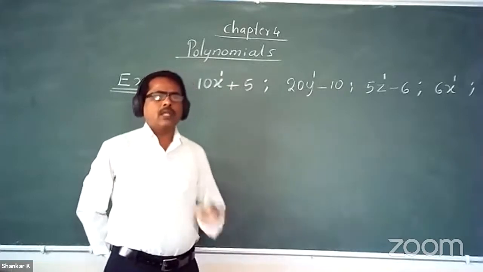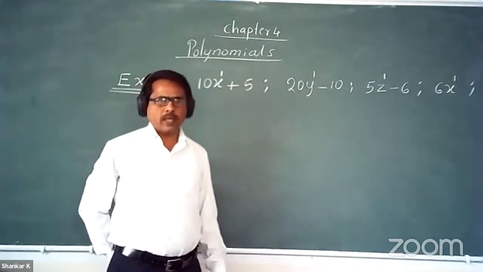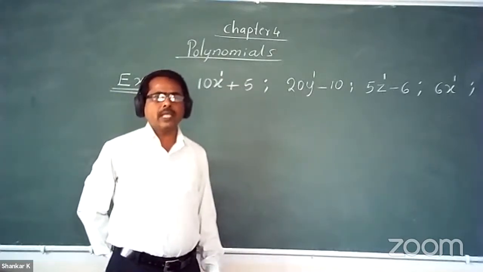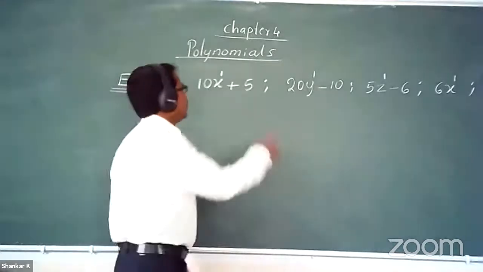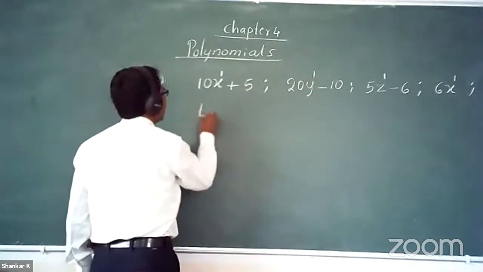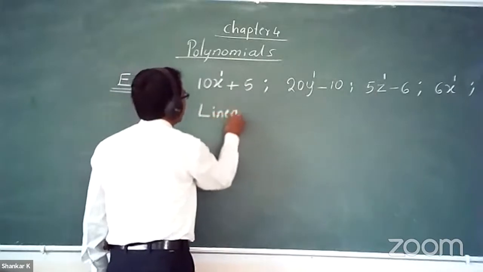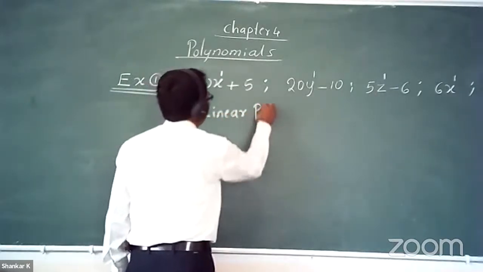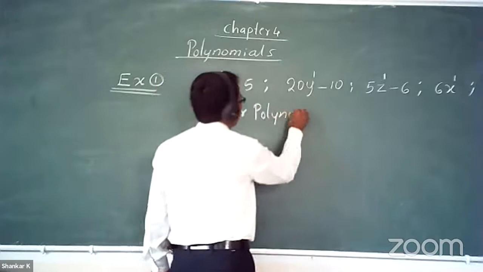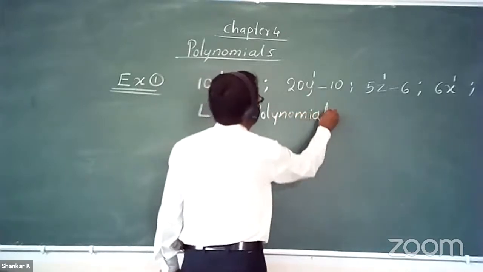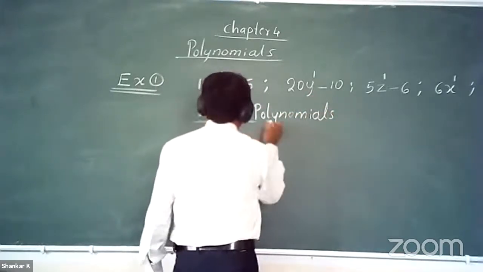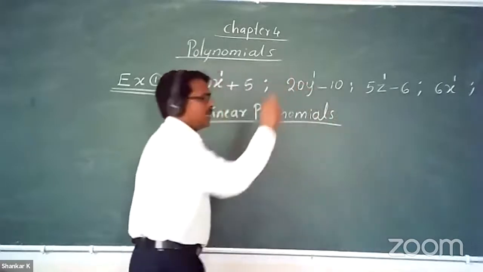If the degree of a polynomial is 1, then it is called a linear polynomial. These are all examples of linear polynomials. Okay?